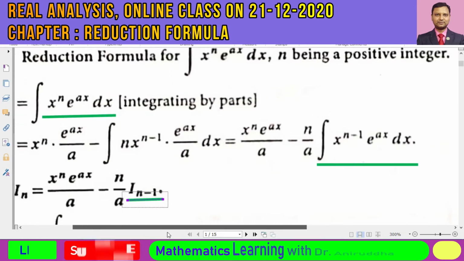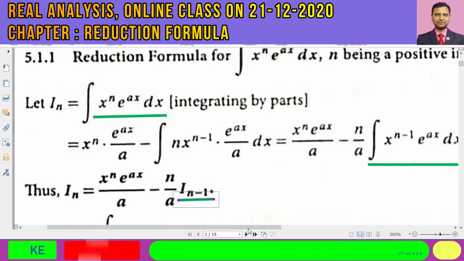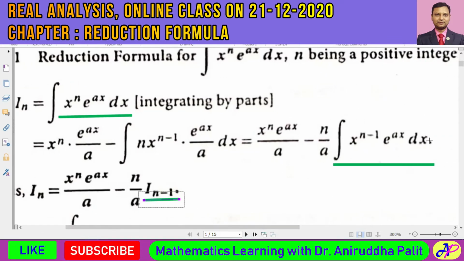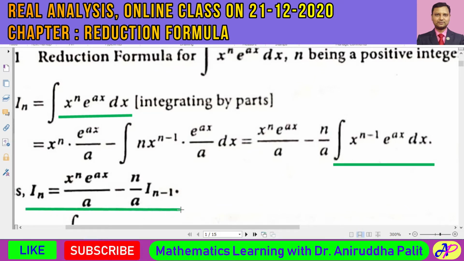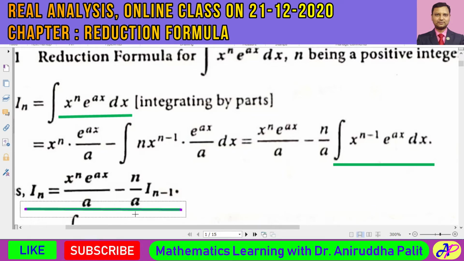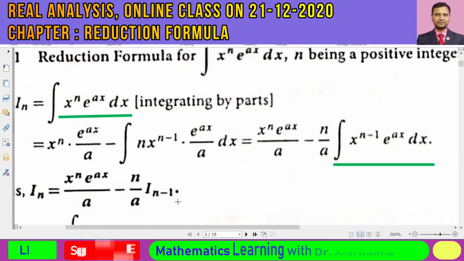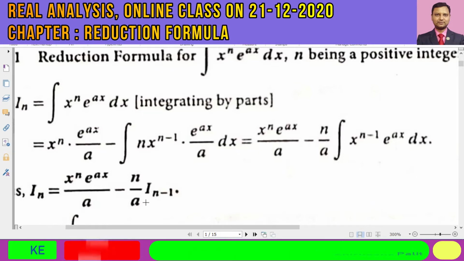Got it? So we are writing this second integral as I_{n-1}, and we finally have this kind of result, that I_n is equal to x to the power of n by e to the power of ax divided by a minus n by a into I_{n-1}. So in this way we can obtain a relatively simple integral.